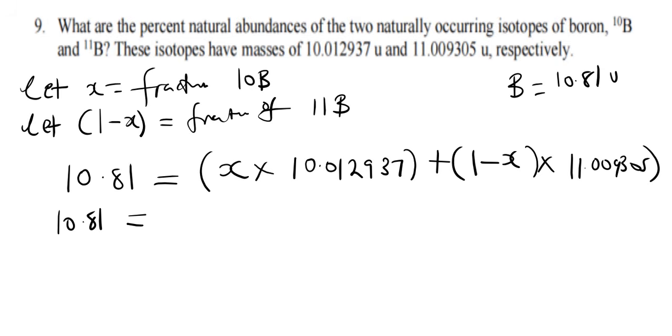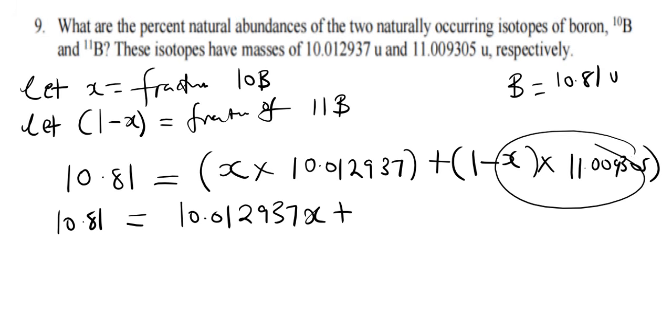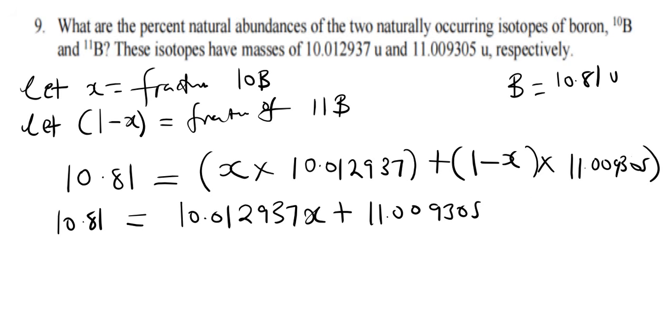Here I'm going to have 10.012937x plus, when I distribute this, 11.009305 minus 11.009305x. I've multiplied the 11.009305 with everything in the brackets.